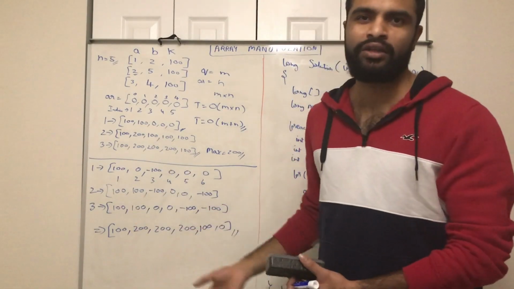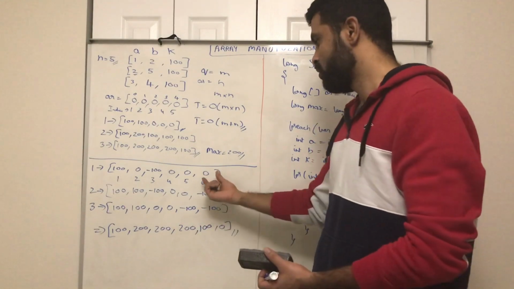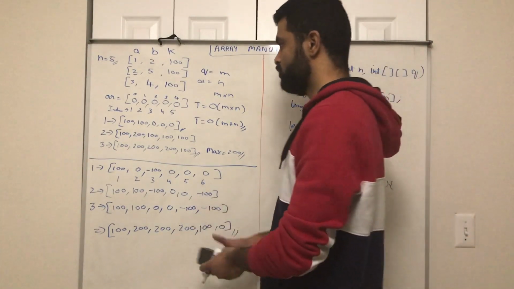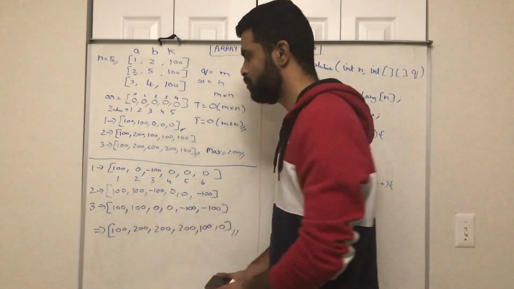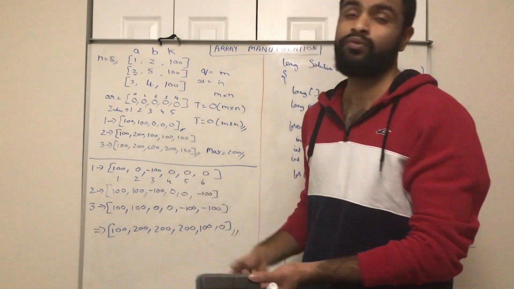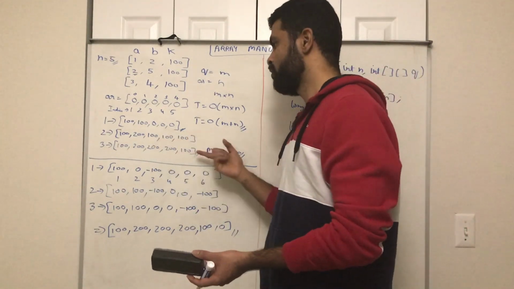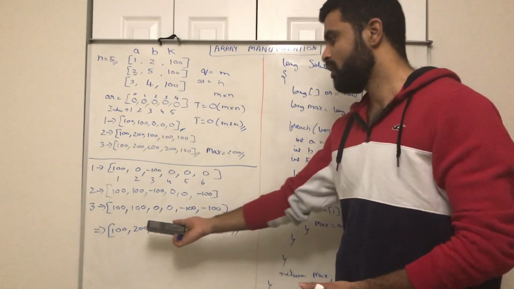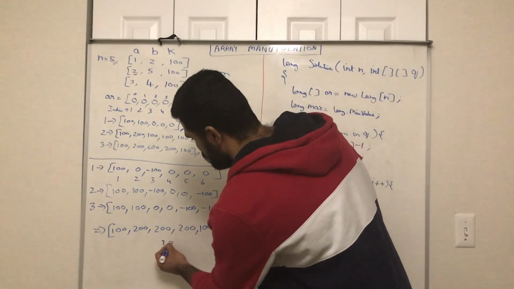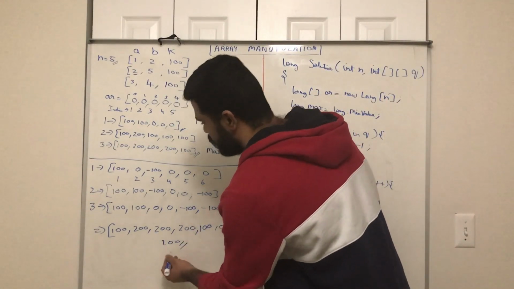So for that reason I just added it as a temporary thing. So if you can see, after performing the prefix sum array, we got the same output that we did in the brute force solution. So once we get this prefix sum array, you can get the maximum value, which is 200, and you can return that one.